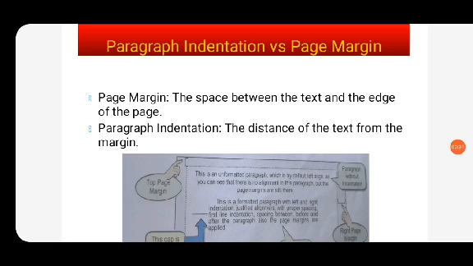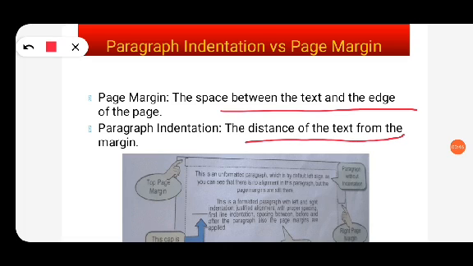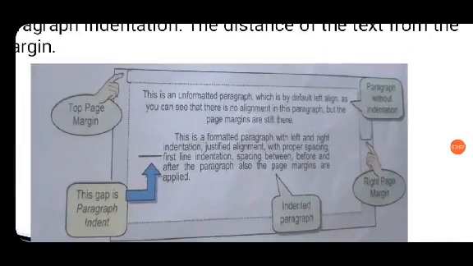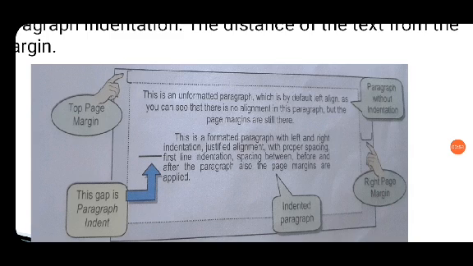The page margin is the space between the text and the edge of the page, whereas paragraph indentation is the distance of the text from the margin. So, in the given image, you can see the difference in a better way.